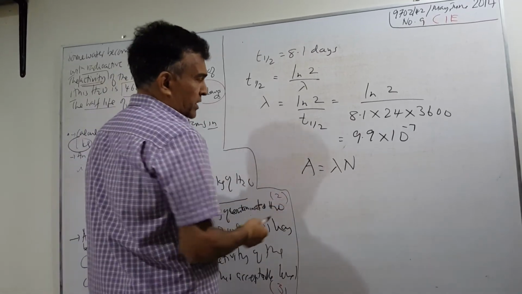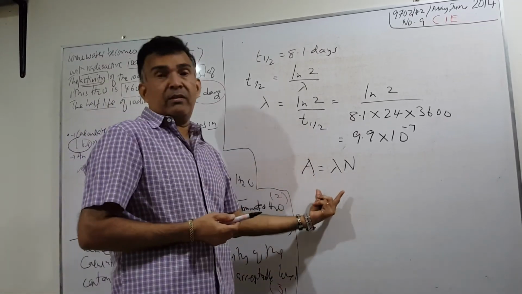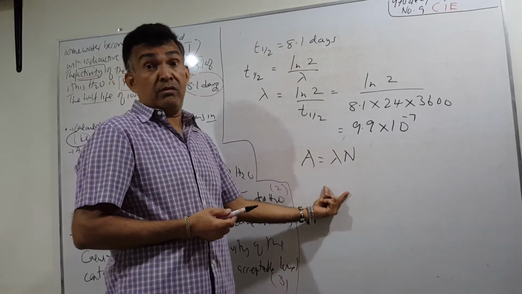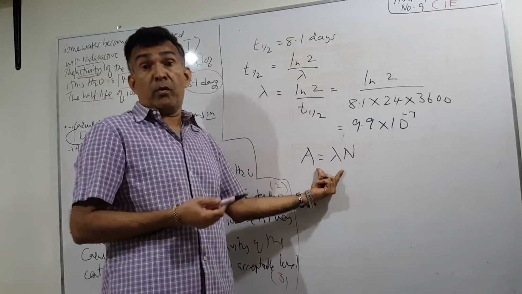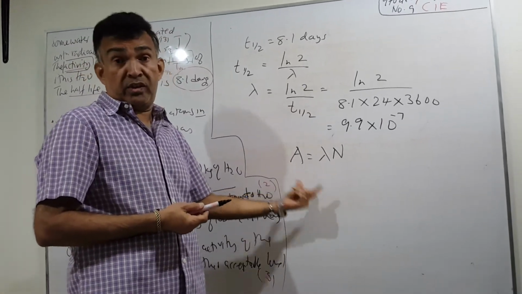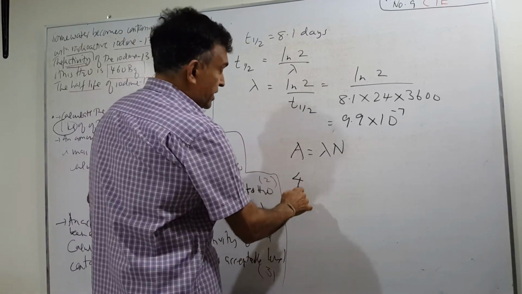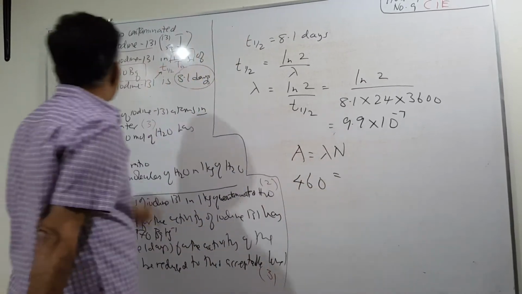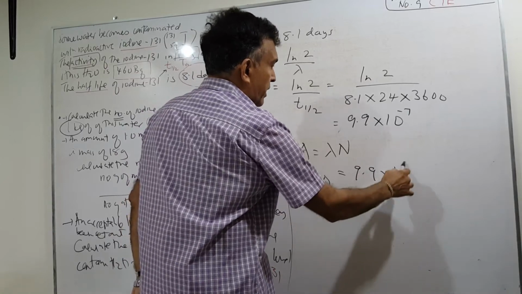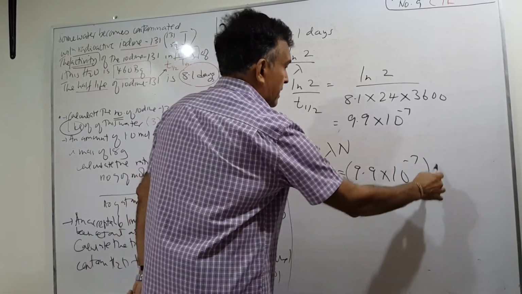So let's plug in the numbers. If you need to know what this formula means and so on, you can get in touch with the method.com and I'll come back to you. But here, we're just trying to solve a problem. Use the formula that is found in your notes. So I have 460, and lambda is 9.9 times 10 to the power of -7.